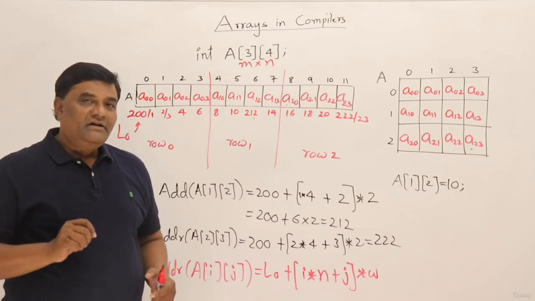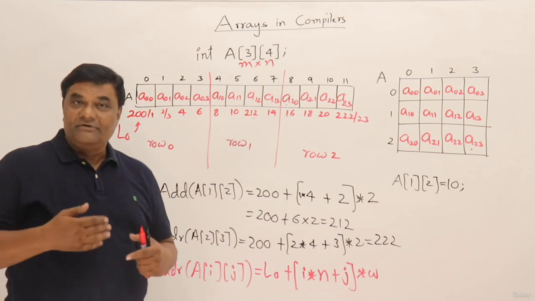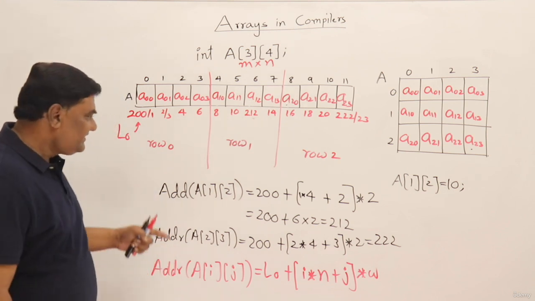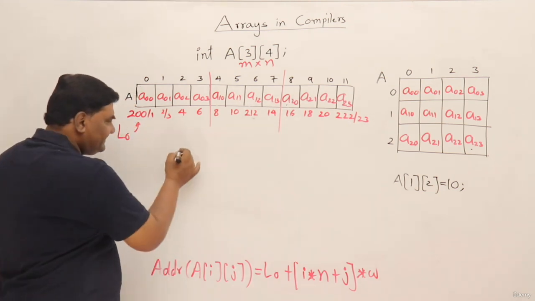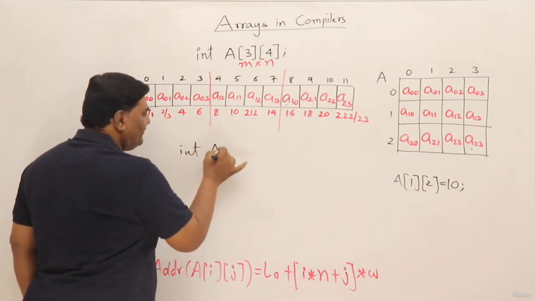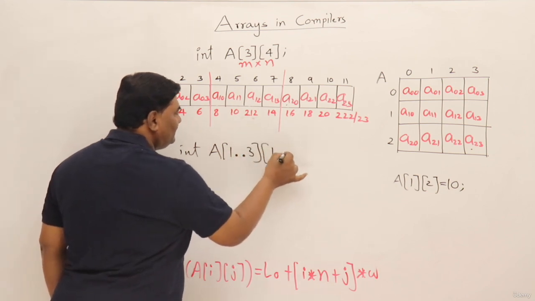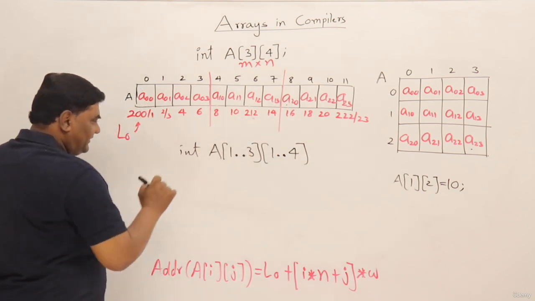Now one more thing. If a language allows indices starting from 1 onwards, how does the formula look? I'll just remove this and show you here. If a language allows indices from a of 1 to 3 and 1 to 4, I will not work out everything, I will directly write the formula.